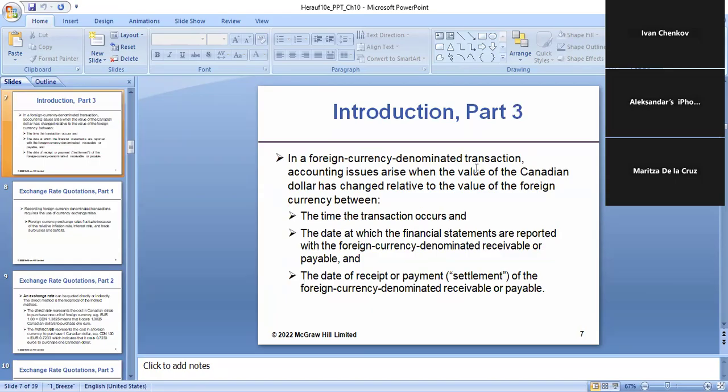With foreign currency denominated transactions, an accounting issue arises when the value of the Canadian dollar changes relative to the foreign currency. Why can the value change? Because of the timing. Obviously, time passes.